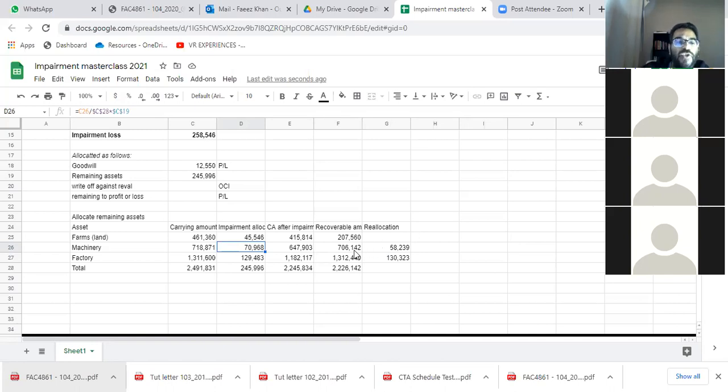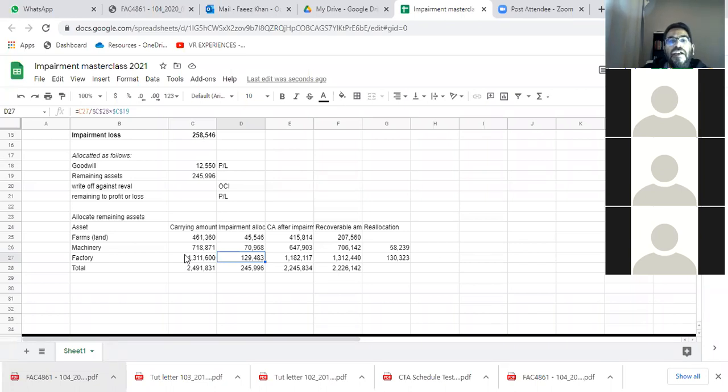But now let's look at the factory. When we allocated, the correct amount initially allocated is 129. So that is correct, because the standard says take the remaining impairment and allocate it against the remaining assets that fall within the scope of IAS 36 on a pro rata basis based on the carrying amount. That's what we did.